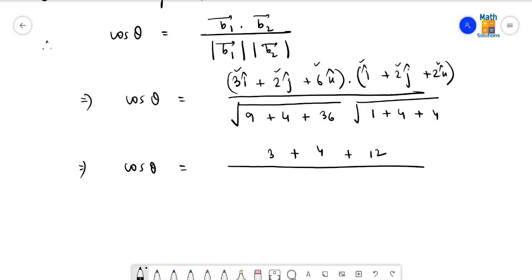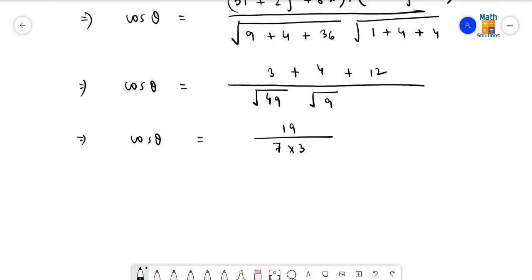In this part the result will come as root 49, that is 7, and here in this part it is 9, root 9 is 3. So cos theta is equal to 12 plus 7, it is 19, over 7 into 3. So ultimately theta is equal to cos inverse of 19 by 21. So this is the required answer. On this basis, Roman 2 can be solved.